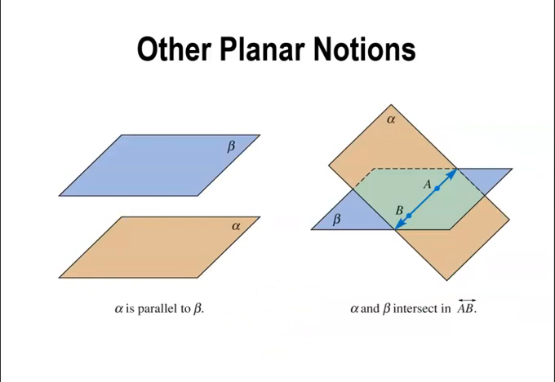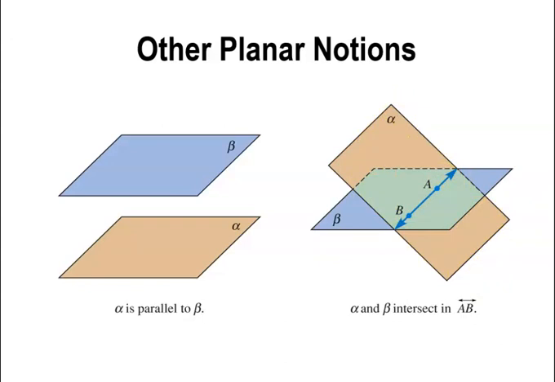All right, so we have 2 pictures here. Here, the plane alpha is parallel to beta. So planes can be parallel to each other as well. And look, this is that intersection I told you I wouldn't draw for you because it was coming up. So again, picture plane alpha intersected with plane beta. See how it makes this line?